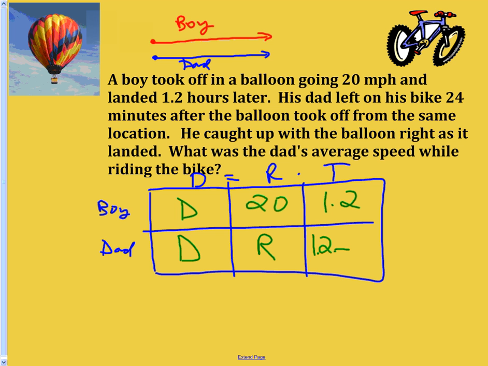This is where you earn your money, so to speak. Because these are all pretty easy, but this one right here is the hard part. It's not that hard, though. It's 24 minutes, so I have to change that to hours. So how do I do that? 24 divided by 60, which is 0.4, and so this ends up being 0.4. So it's 1.2 minus 0.4, which is 0.8. Put that in your chart.